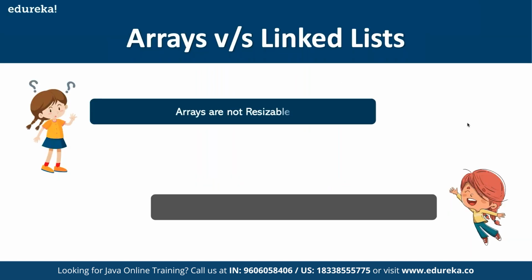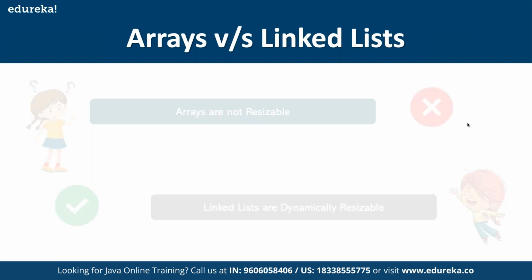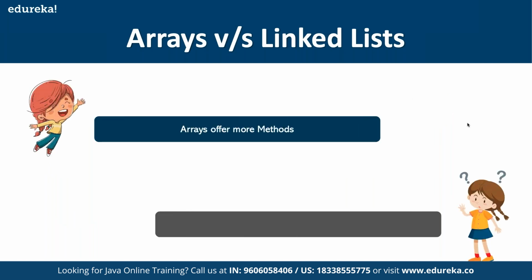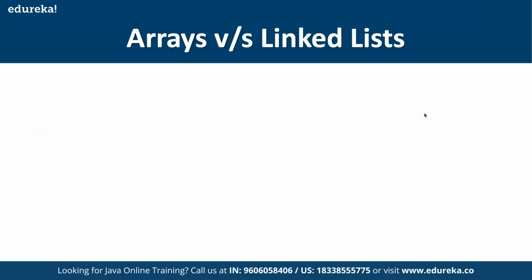If we talk about arrays, then arrays are not resizable, whereas linked lists are dynamically resizable. There is no fixed structure that we have to follow; we can define the structure that we want to follow. Arrays offer more methods, and comparatively few methods are available in linked list, because arrays are more widely used in different programs.